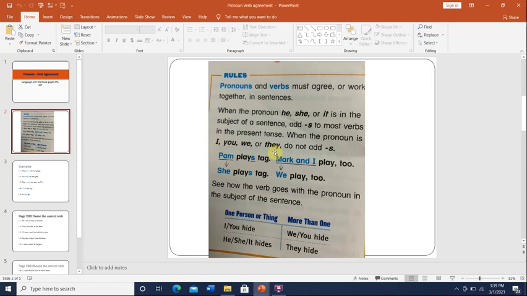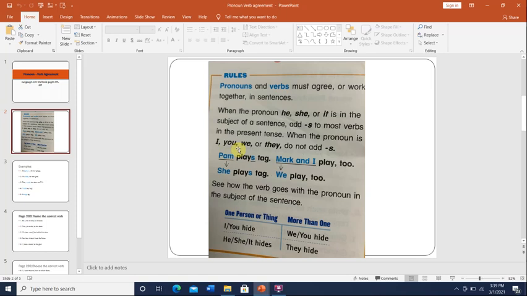So we said I is a personal narrative. So when you talk about yourself, you're special, so you keep the verb as it is. You can be referred to when you're talking to someone, and you can be one person or it can be more. We is used when you talk about yourself with another person or other people.